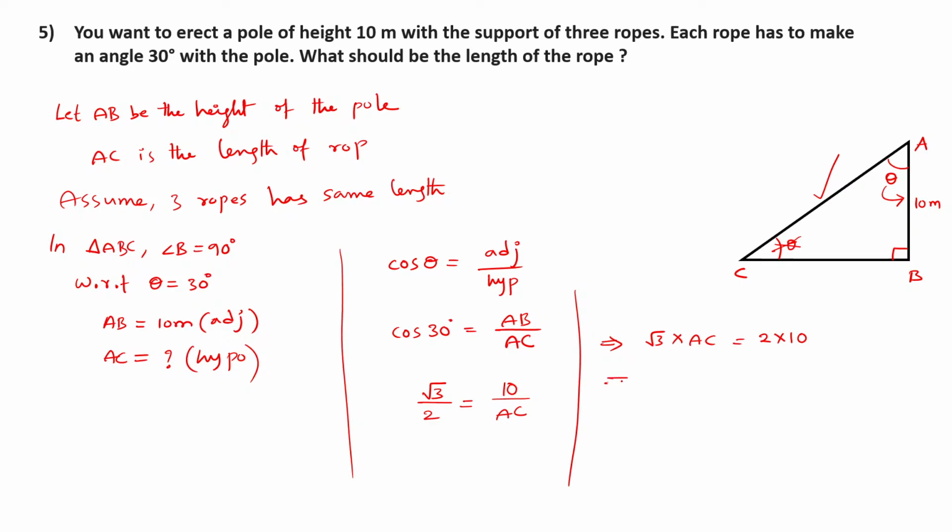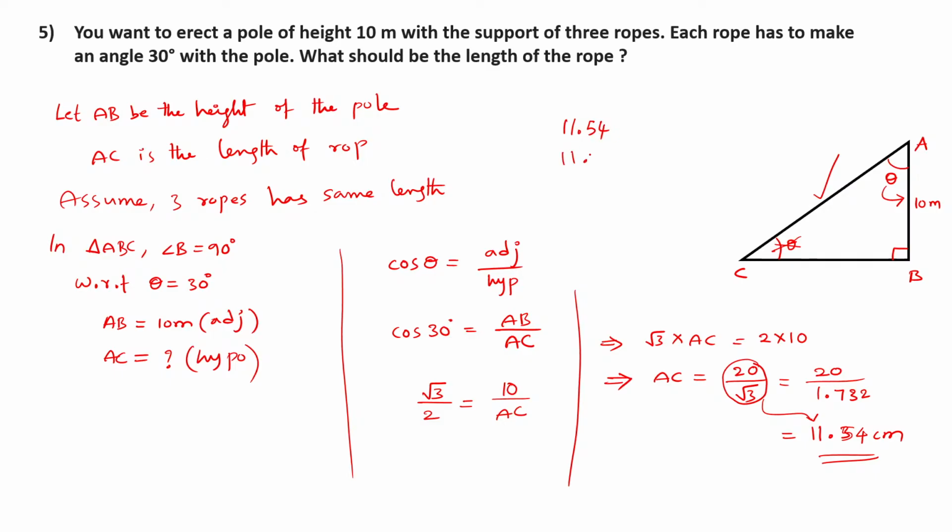Now root 3 transposes to the other side: 20 by root 3. You can stop here. Otherwise, if you divide 20 by 1.732, you will get approximately 11.54. If you want to simplify it more, you can write 11.54 also. So this is how we find the length of the rope. Here one rope length is 11.54.